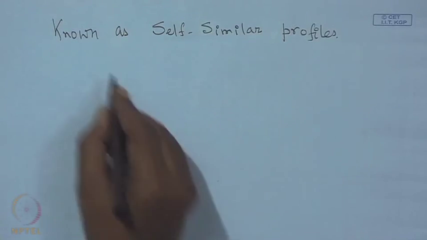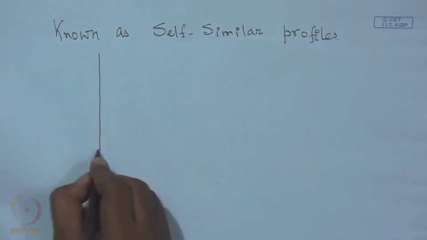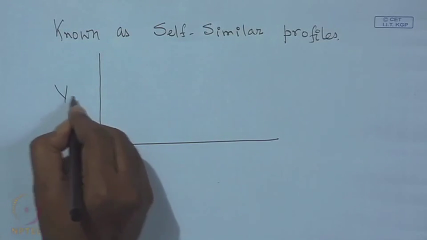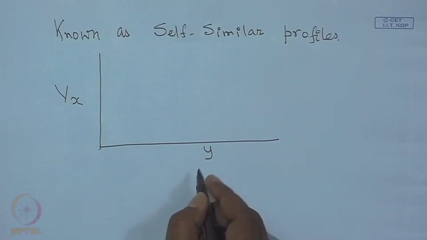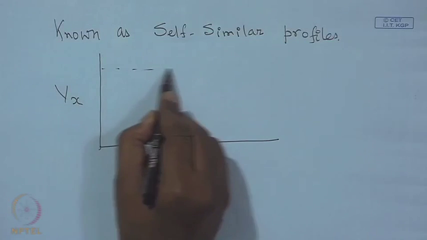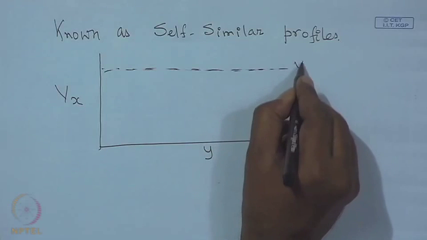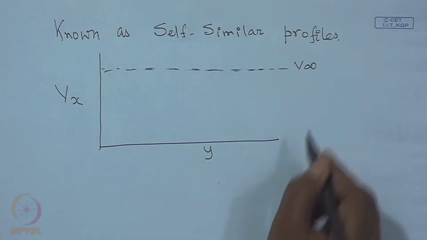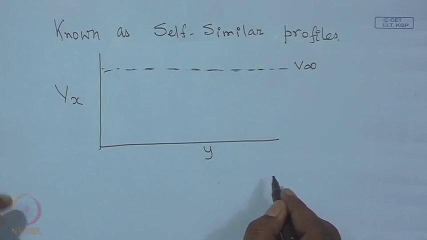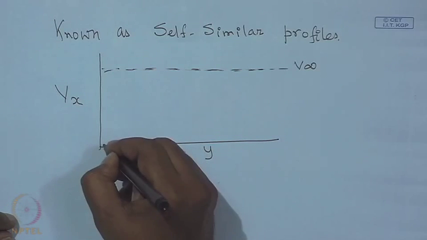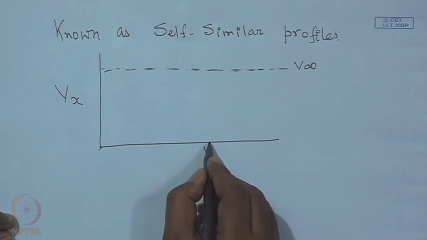Now, if you plot the value of velocity, let us say, as a function of y, you will have the free stream velocity at a particular level. This is v infinity, the free stream velocity, and it is reached at different values of delta. So, delta keeps on increasing.